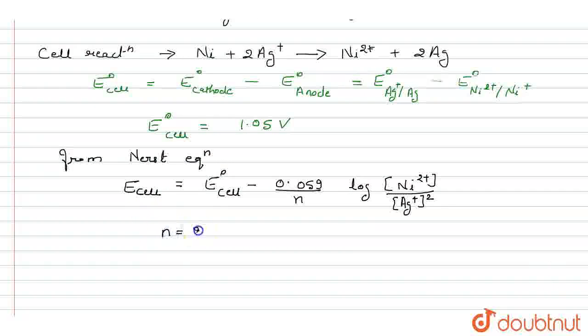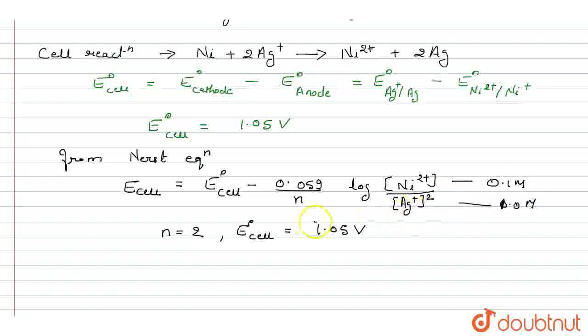Here the value of n is 2 and the value of E naught cell is 1.05 volt. The concentration of Ni2+ is given to us as 0.1 mole, and for Ag+ it is 1.0 mole.